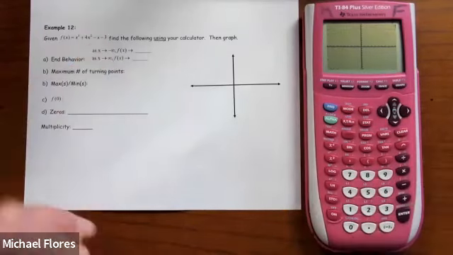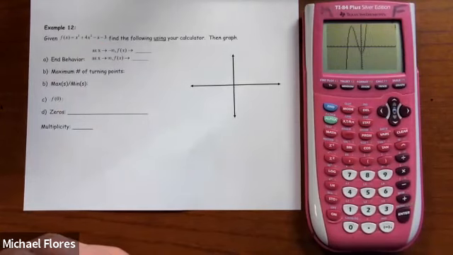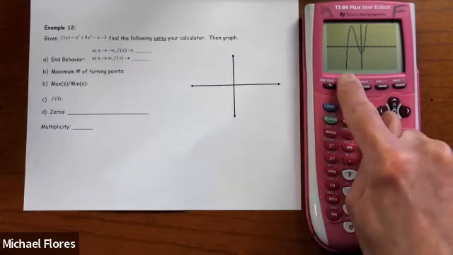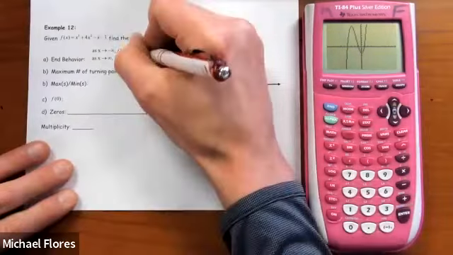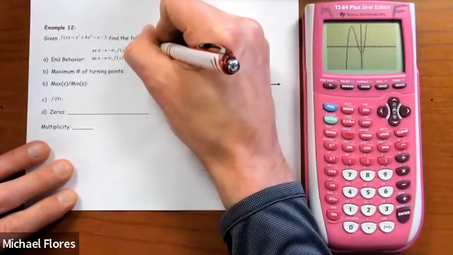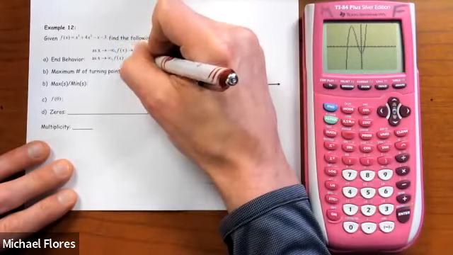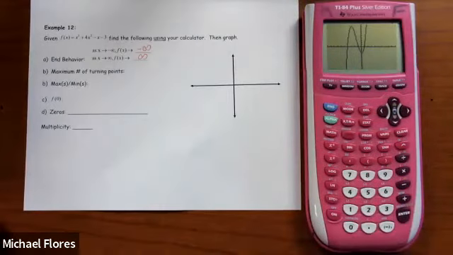Graph. Interesting. Okay. End behavior. Well, notice if we were to draw an arrow there and there, we would be down, up, down, negative infinity, up, positive infinity.